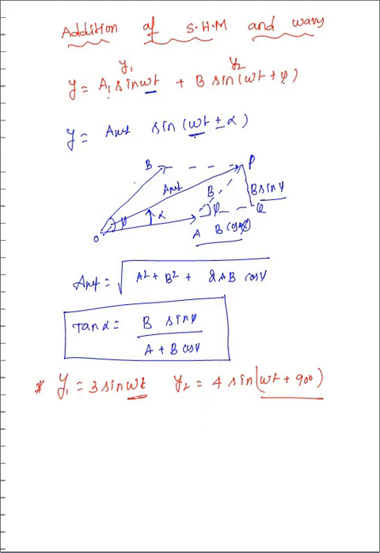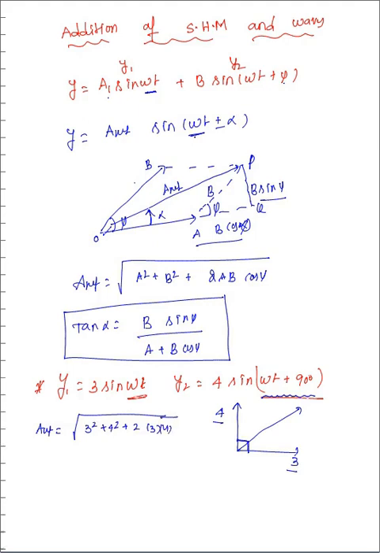So I am taking amplitude 3 for this one, and the other one, 4, is leading by 90 degrees, omega t plus 90. If you apply the parallelogram of vectors now, A net equals the square root of 3 square plus 4 square plus 2 into 3 into 4 into cos phi.